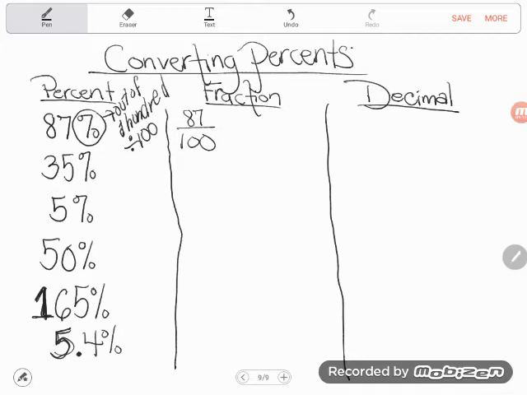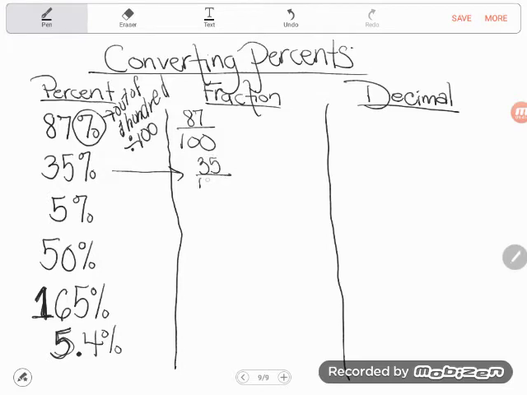Now, you're like, it can't be that easy, Kate. I've dealt with fractions before, and fractions are a pain in the butt. I know it's going to get harder. That first skill doesn't get any harder. But what can get harder is how you would express your final answer. Let me show you what I mean. So, for example, if I were going to convert 35%, again, percent literally means out of 100 pieces of size hundredths.